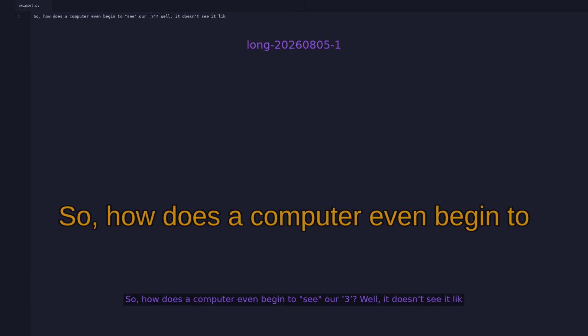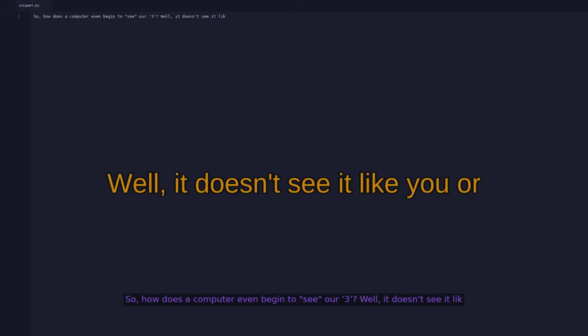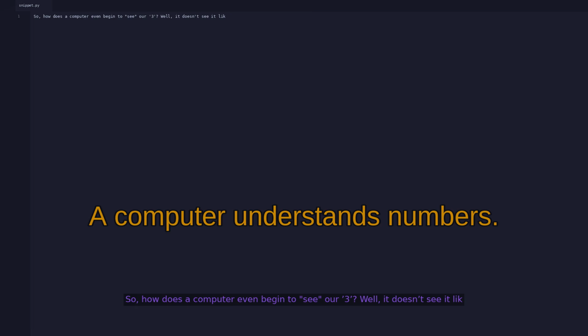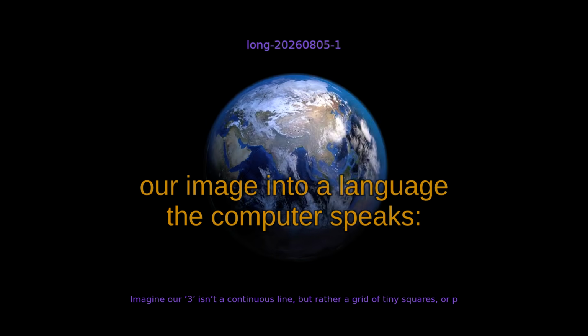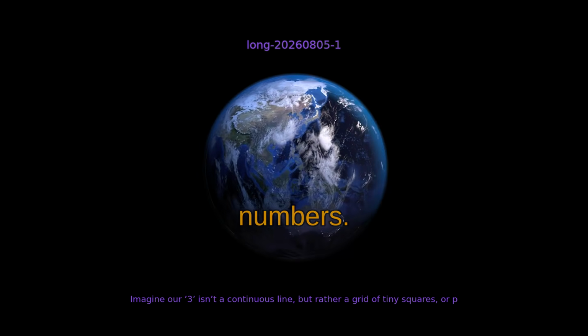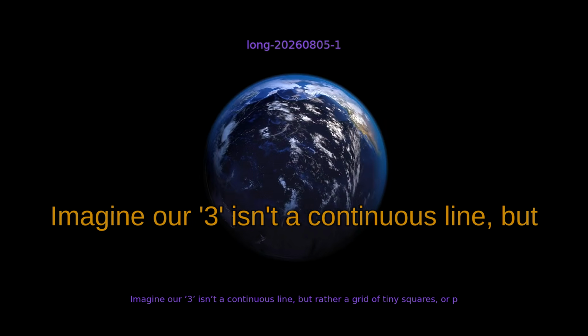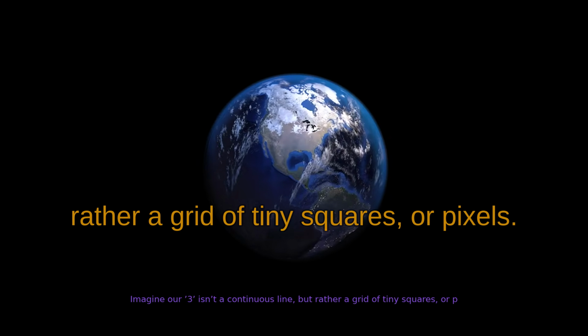So, how does a computer even begin to see our 3? Well, it doesn't see it like you or I do. A computer understands numbers. So, the very first step is to turn our image into a language the computer speaks, numbers. Imagine our 3 isn't a continuous line, but rather a grid of tiny squares, or pixels.